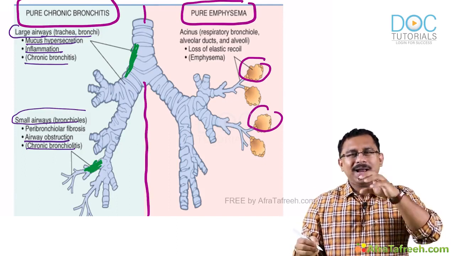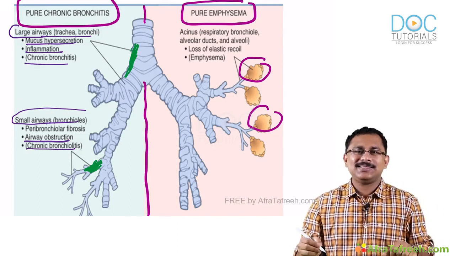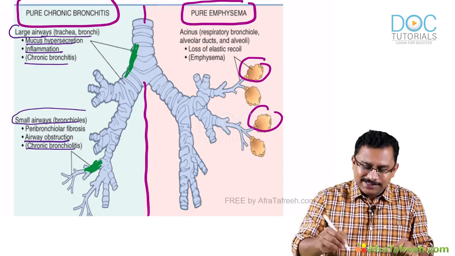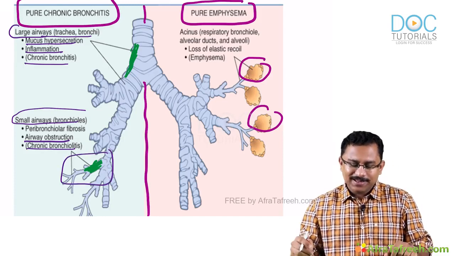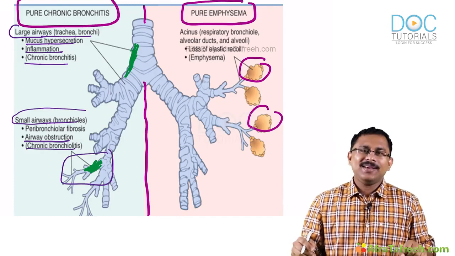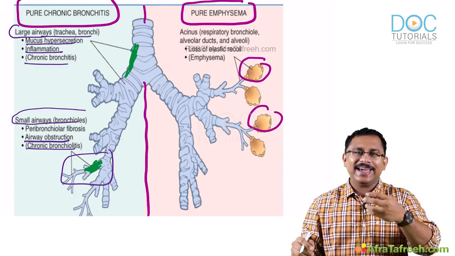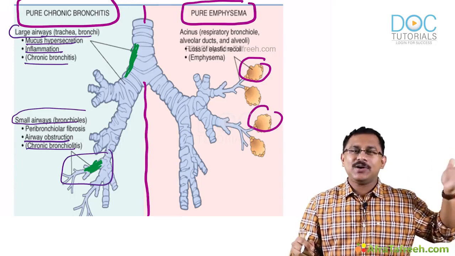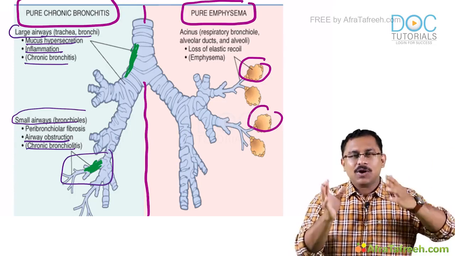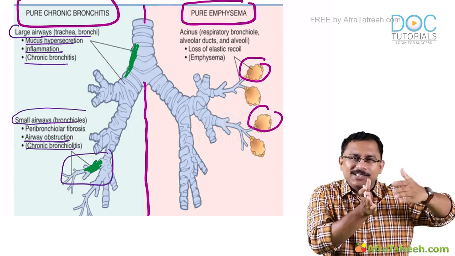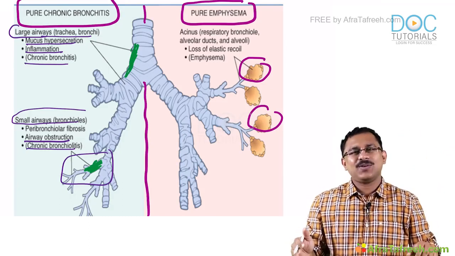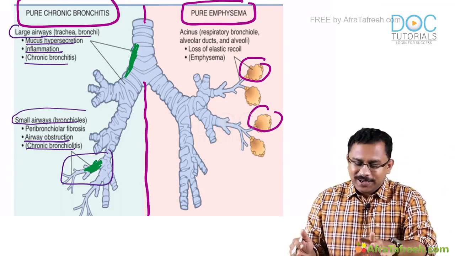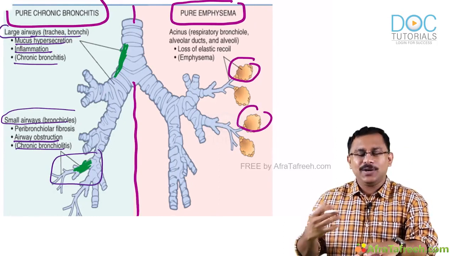Now suppose the plugging has happened here. Then air is not able to enter the subsequent smaller units, which are your alveoli. It is almost like that particular part of the respiratory unit is cut off. So because of that, air is not able to enter.